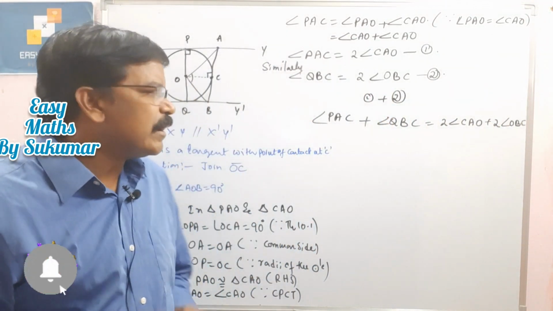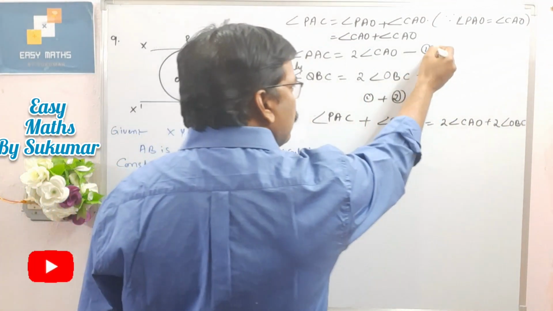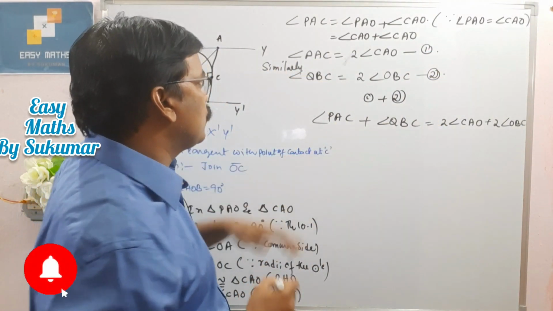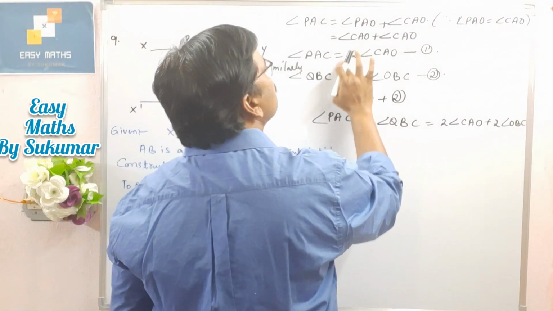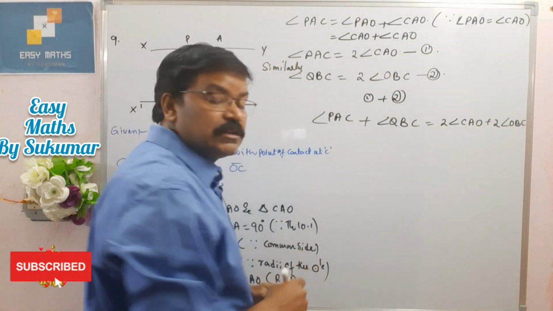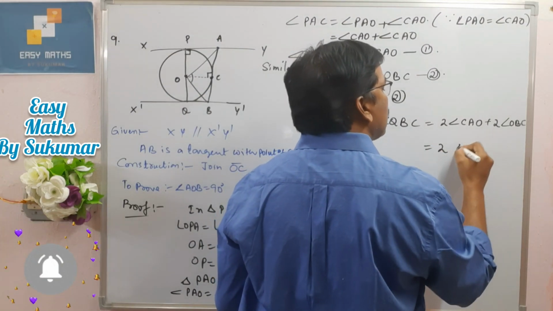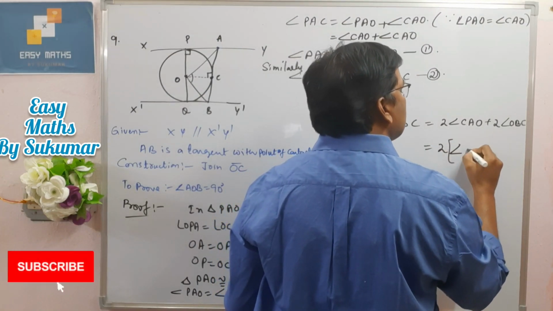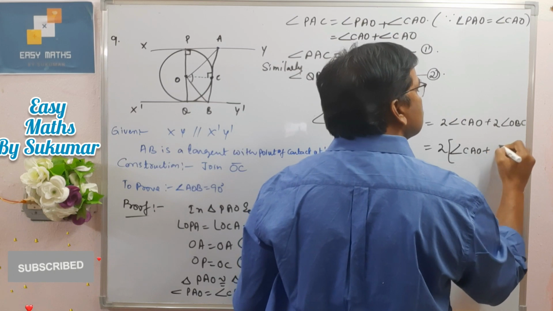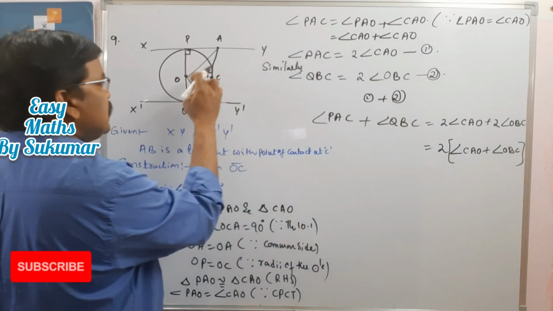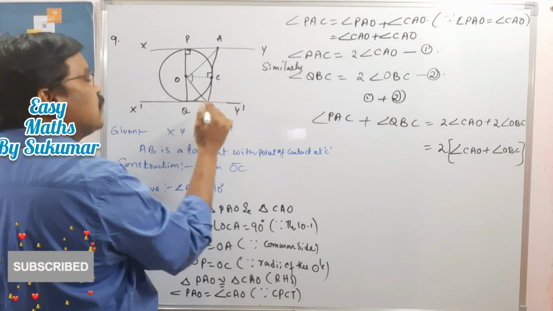Here, by adding equation 1 and equation 2, angle PAC plus angle QBC is equal to 2 times angle CAO plus 2 times angle OBC. Taking 2 as common, this is angle CAO plus angle OBC.